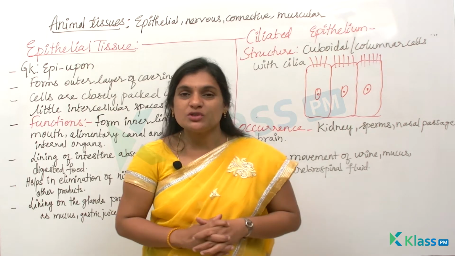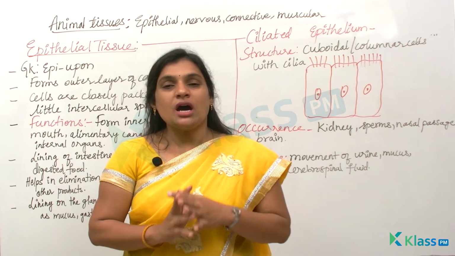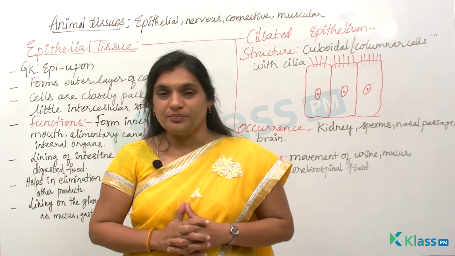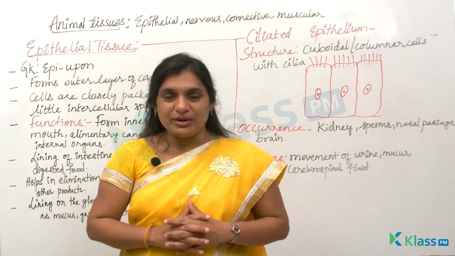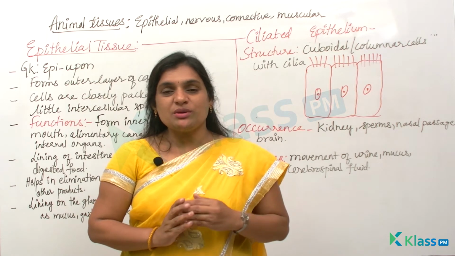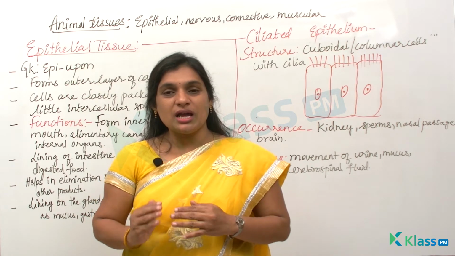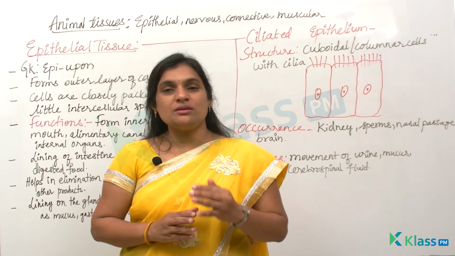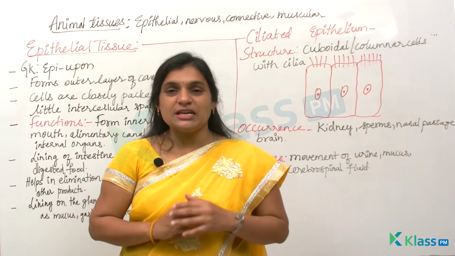So, the sperms and cerebrospinal fluid. You know what cerebrospinal fluid is? Yes, I'll tell you. Our brain is protected inside a bony box called the cranium. It is covered by three membranes, called the outer membrane, inner membrane and middle membrane, that is the dura, pia and arachnoid membranes.